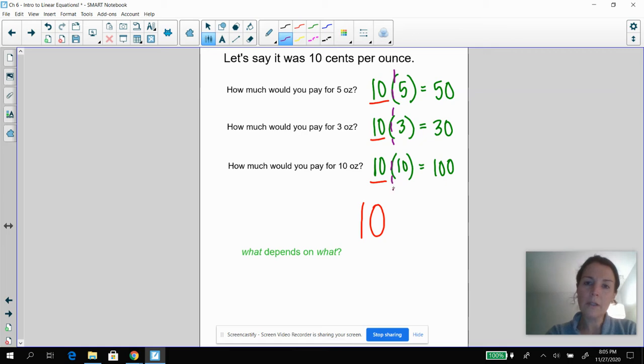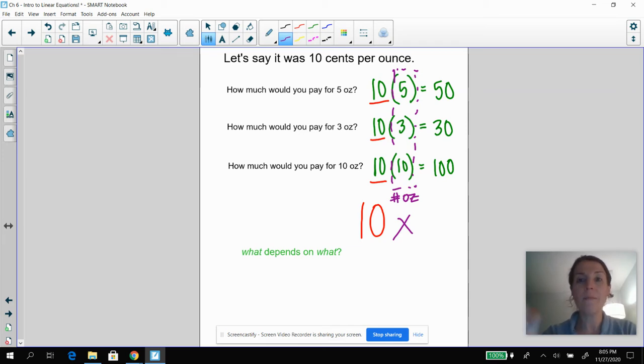And if you look, all of these numbers vary, right? So they vary, and what they are representing is the number of ounces. So let's call that X. So right now I have 10 times X representing how much money I'm paying per ounce.